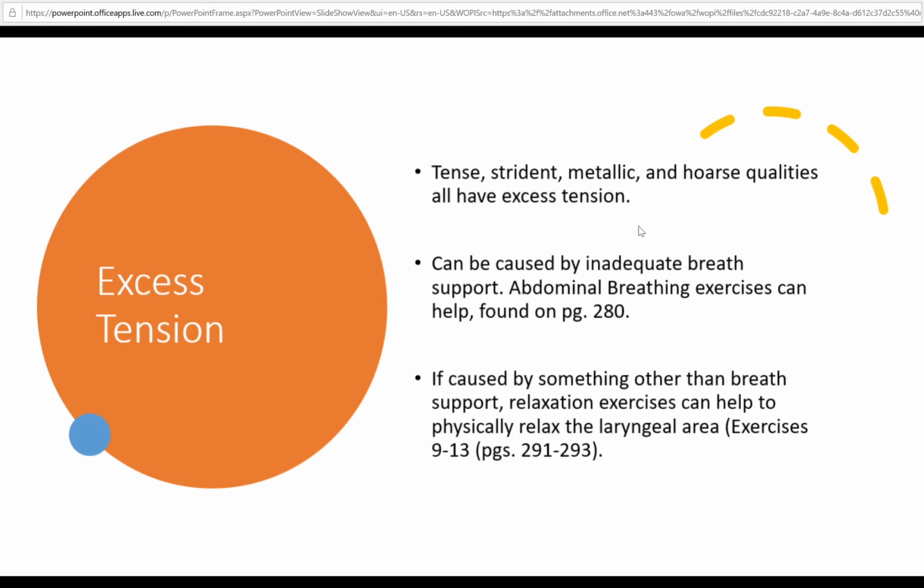If that's the case, then you can work on abdominal breathing exercises found on page 280. And if it's something other than insufficient breath support, some relaxation exercises can help physically relax the laryngeal area. Those can be found on pages 291 to 293. So there you go.